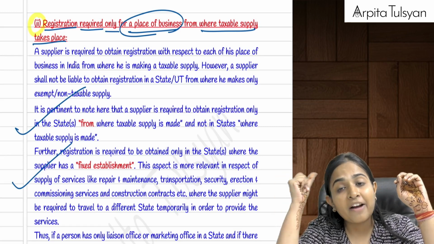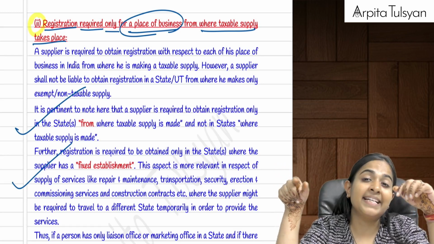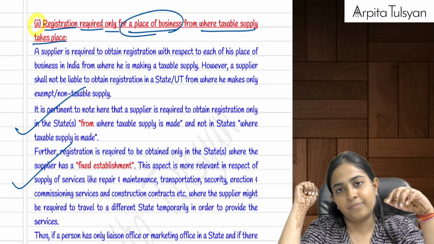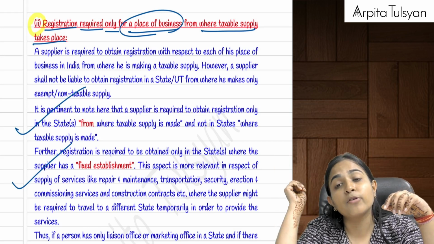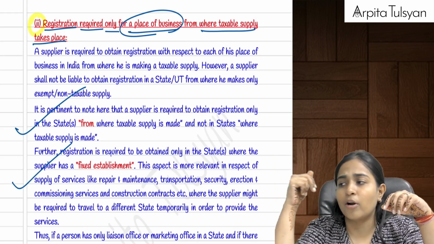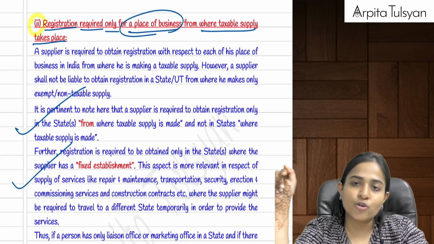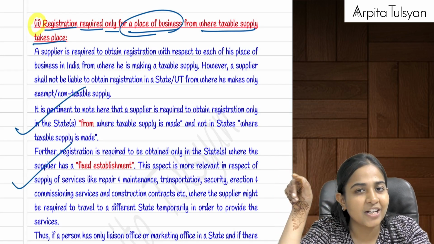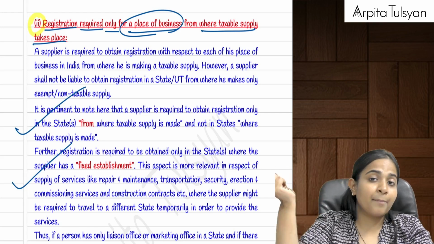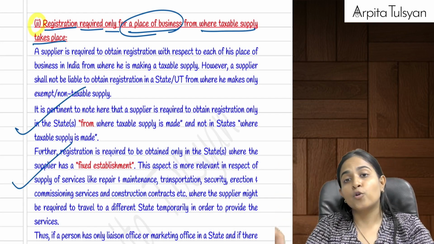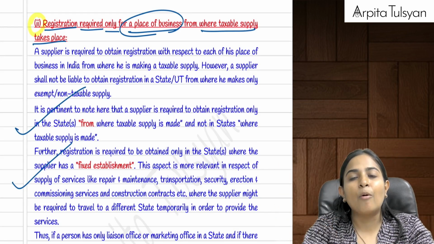But what if I'm providing exempt supply from those 4 states, or non-taxable supply from those 4 states? Let's say I'm providing liquor, or let's say petrol. Then in that case, I don't have to obtain registration in that state because I'm providing a non-taxable supply. So my threshold limit won't come down to 10 lakhs.